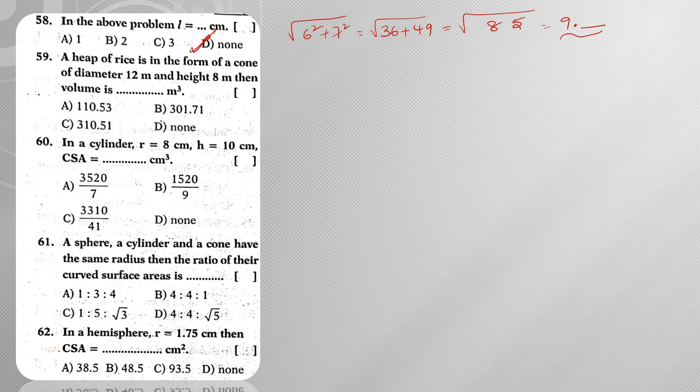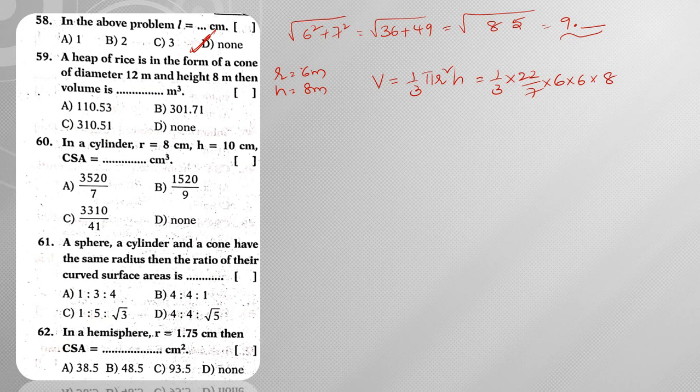Next, a heap of rice is in the form of a cone of diameter 12 meters. That means radius is equal to 6 meters and height is given as 8 meters. Then the volume of that particular cone. Volume of cone is given by 1/3 pi r square h. Now substituting the values: 1 by 3 into 22 by 7 into 6 into 6 into height 8.